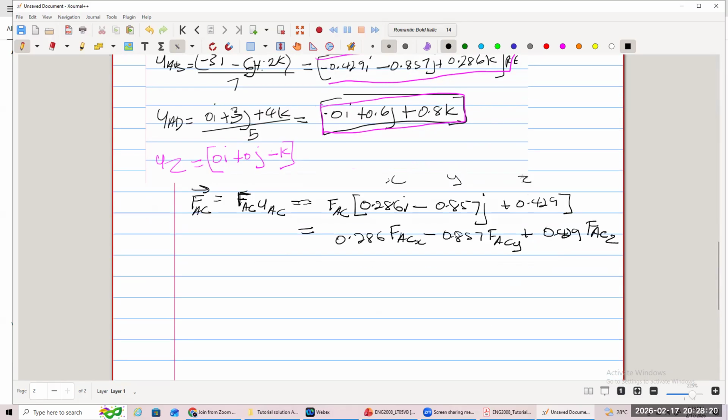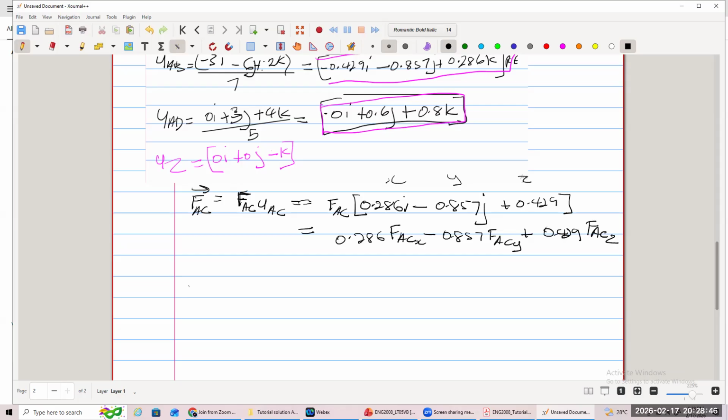The second line: I need to not go too far where I can't see the unit vector. Along the line, the unit vector of the line times the scalar value of the force along the line. Normally we get the Cartesian form of the line in vector form, that's how we do it.